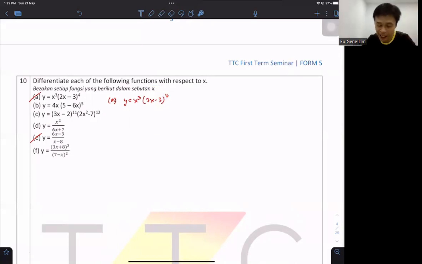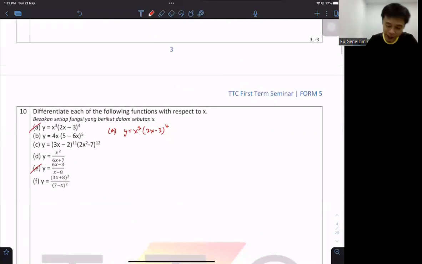Why? Because this one got x and x. You got 2x. When you got 2x like this, you cannot differentiate using chain rule. When left and right also have x, you have to use product rule.